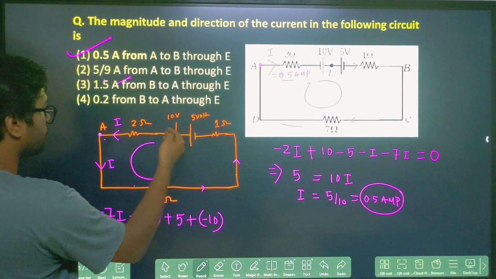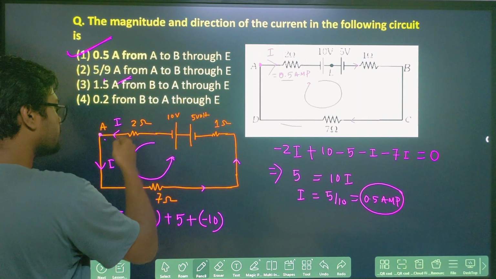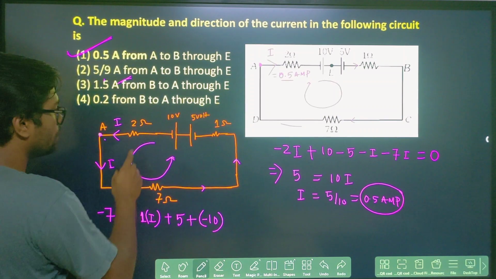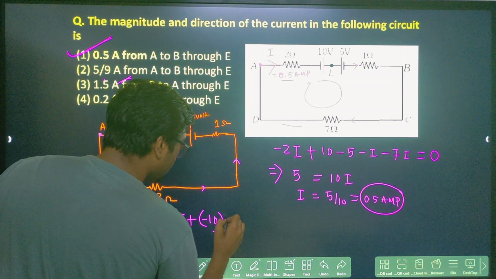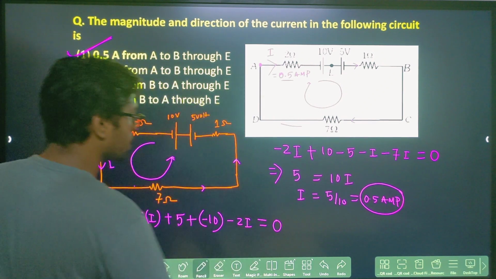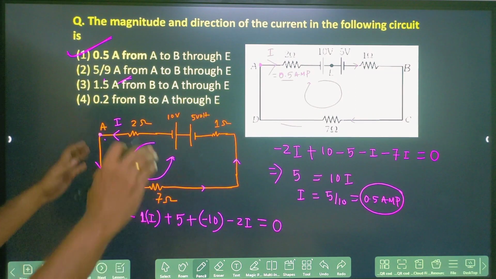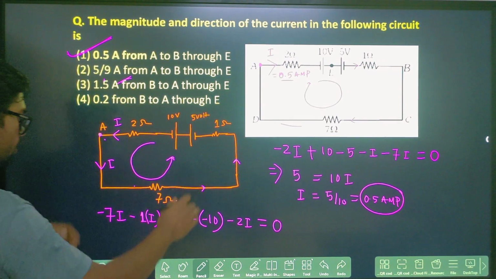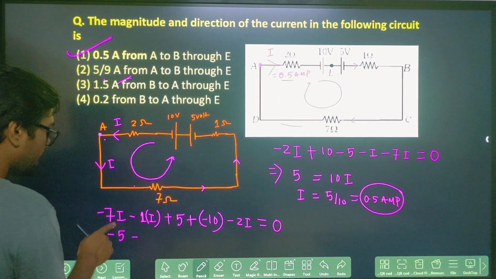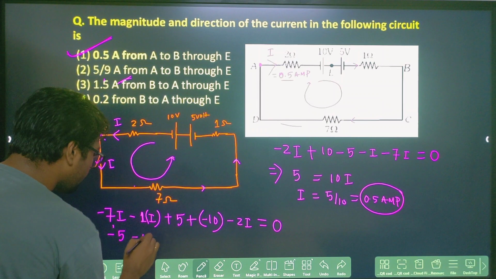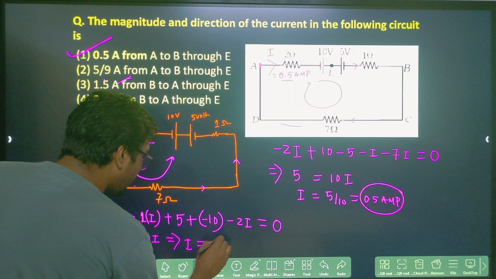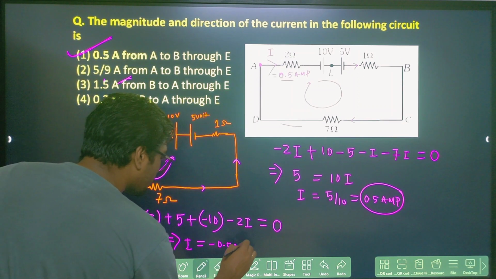You are moving along this direction in this loop, and the current direction is also the same, so there will be a drop in potential, that will be minus 2i. Add all the potential drops, this will be 0. So we will get 5 minus 7i minus 1i minus 2i minus 10 equals 0. If you solve here, i is coming as minus 0.5 ampere.